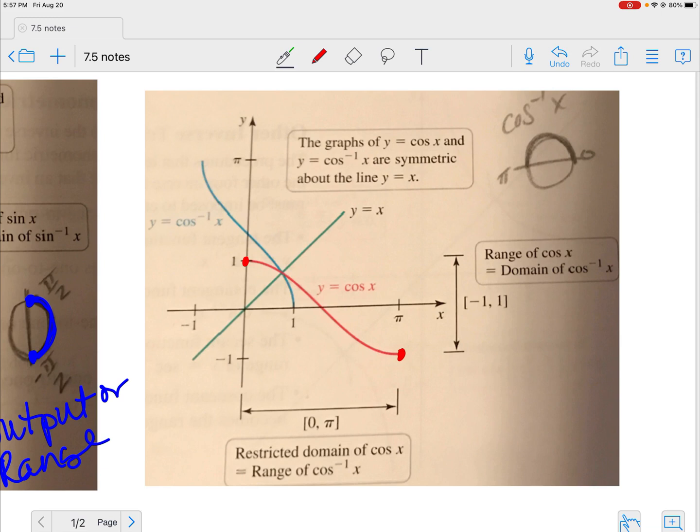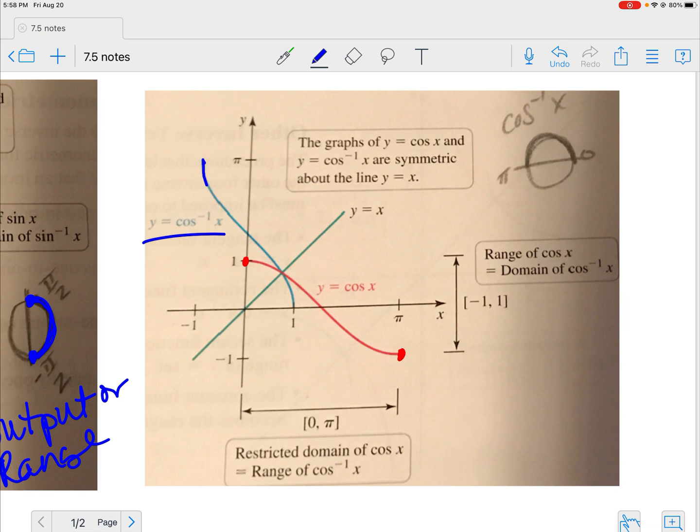This same thing is happening. It's this periodic function that can go on and on and on. So we have to restrict that domain here from 0 to pi, which means my output goes up from 0 to pi for my inverse cosine, right?